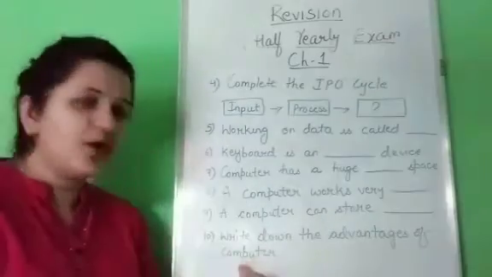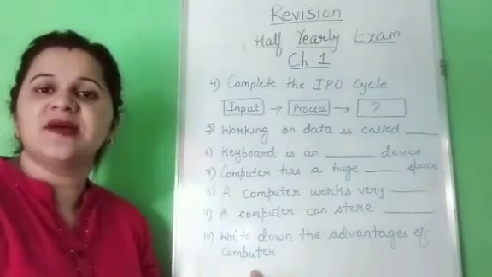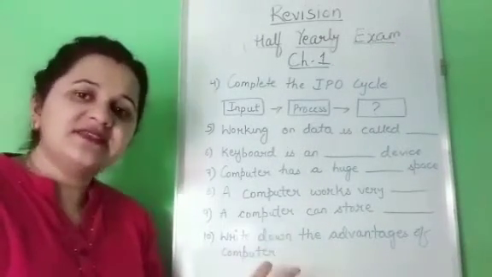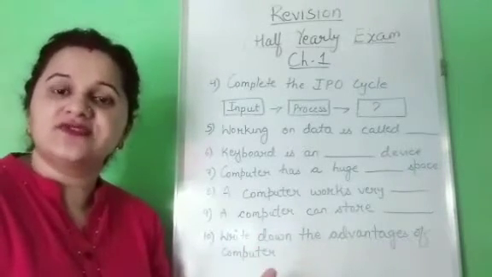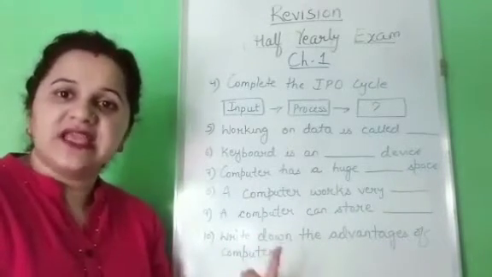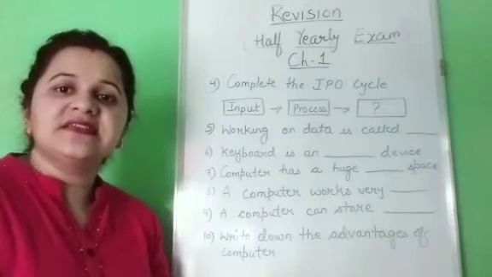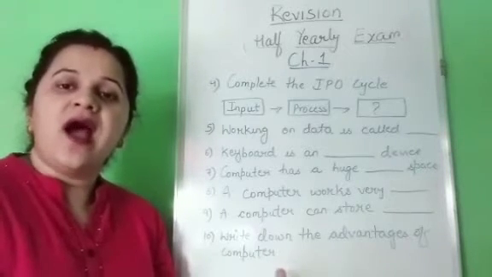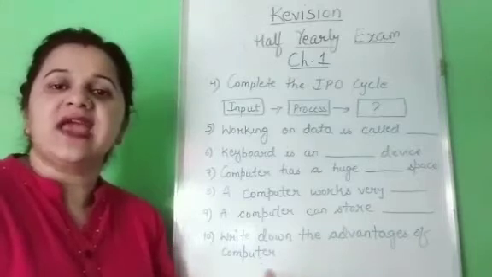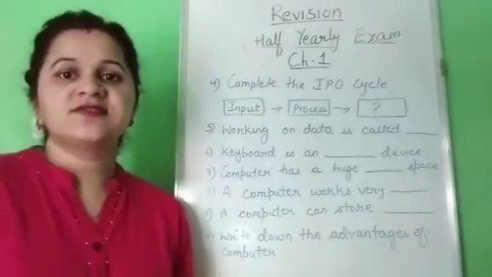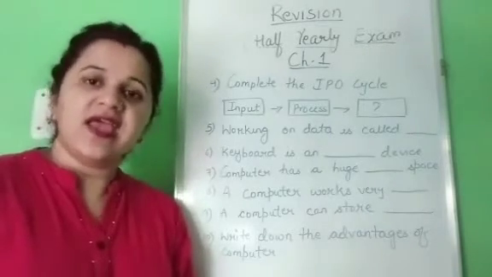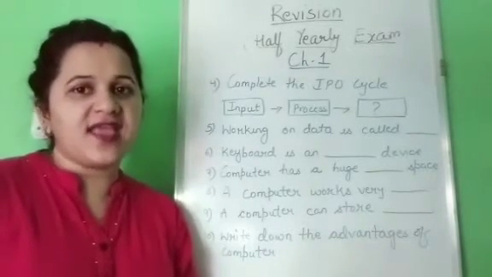So you will write down speed, S-P-E-E-D, speed. Next, accuracy. Accuracy means correctness. It gives you the correct result. Second, you will write down accuracy, A-C-C-U-R-A-C-Y, accuracy. Next comes storage capacity. S-T-O-R-A-G-E.